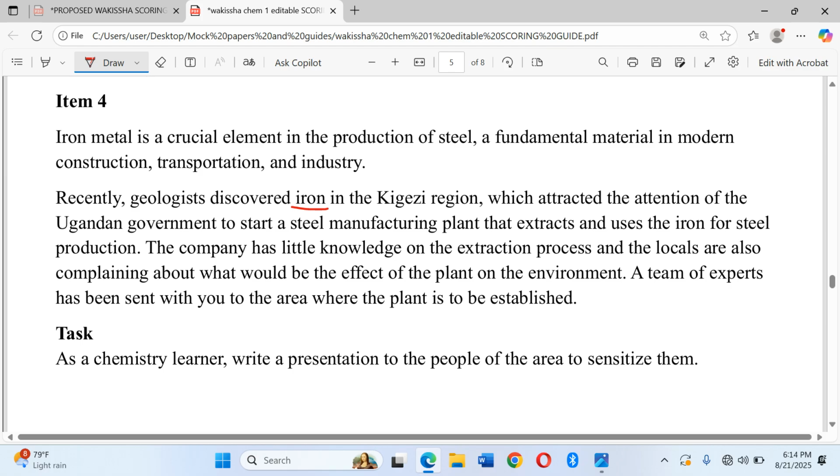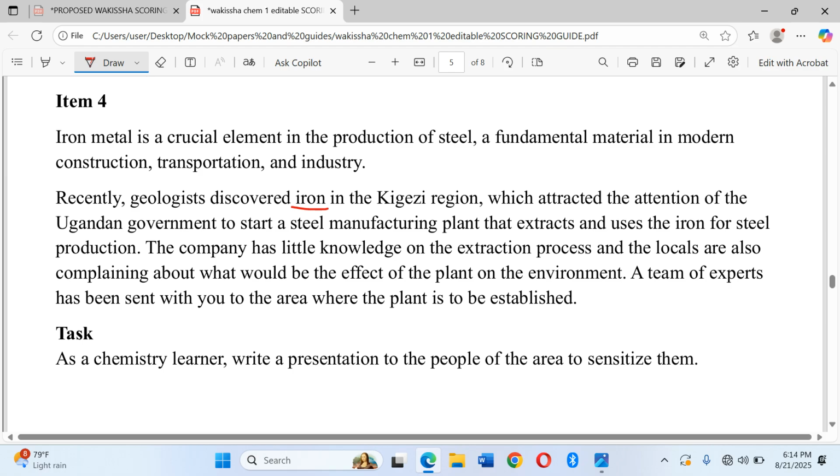The company has little knowledge on the extraction process, and the locals are also complaining about what would be the effect of the plant on the environment. A team of experts has been sent with you to the area where the plant is to be established. As a chemistry learner, write a presentation to the people of the area to sensitize them.